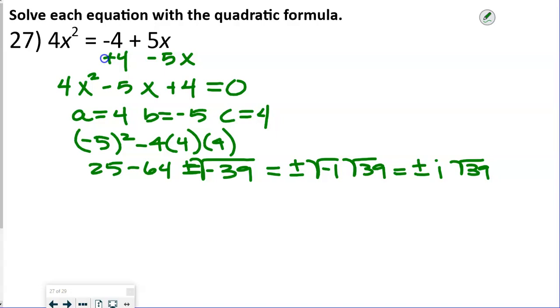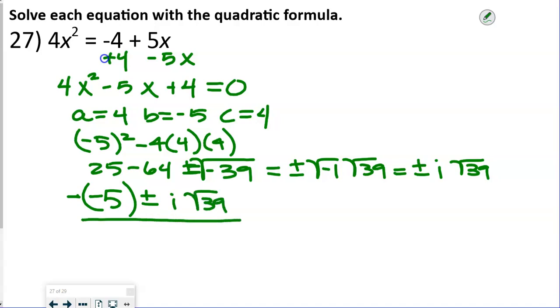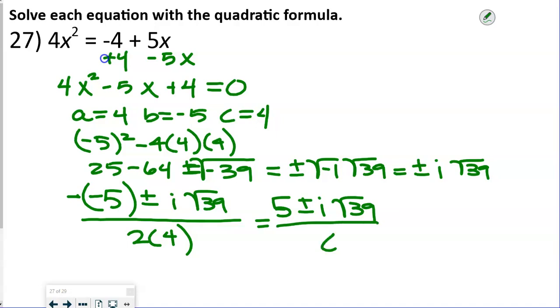We're going to do our minus b, minus negative 5, plus or minus the i square root of 39 over 2 times 4, because that was our A. So this is going to actually be positive 5, because minus a minus is positive, plus or minus i square root of 39 over 8. And that one cannot be simplified anymore.